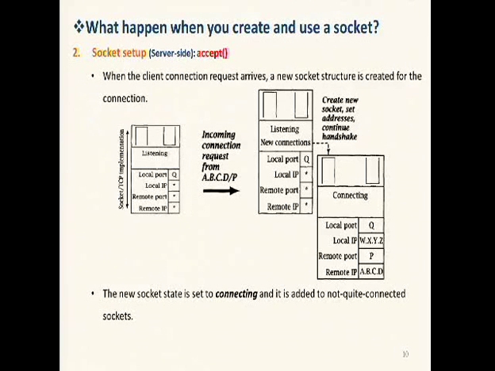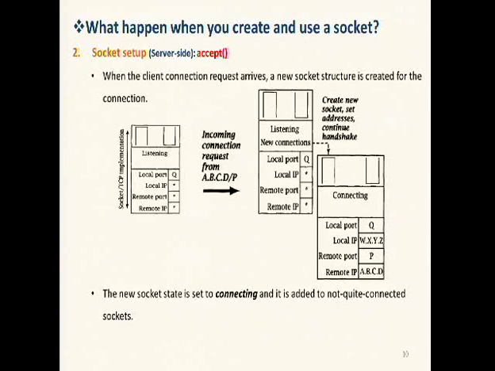We know that this is A, B, C, D, and the port is P. And this one knows that in here, as we will see, we have W, X, Y, Z, and Q as a port number. So this part can refer to the other part by now assigning A, B, C, D, and P to what? To the remote.